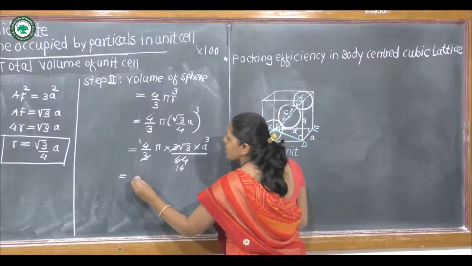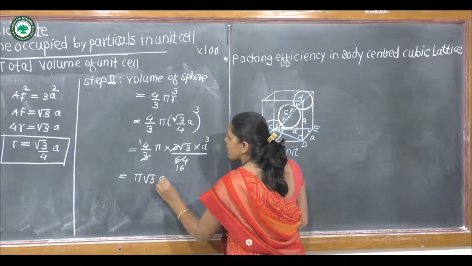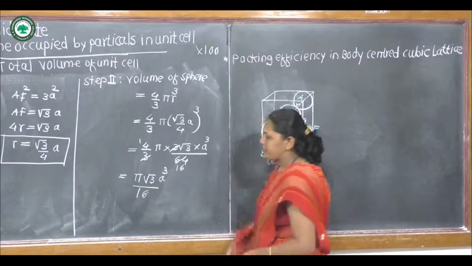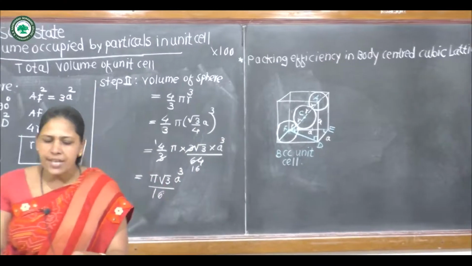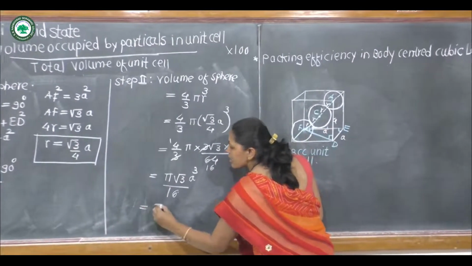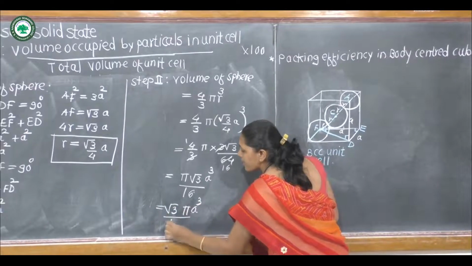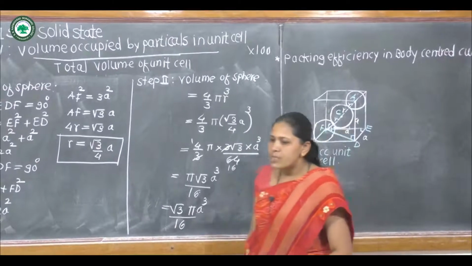Remaining is pi into root 3 a cube divided by 16, which is the volume of the sphere. It can be written as root 3 pi a cube divided by 16.